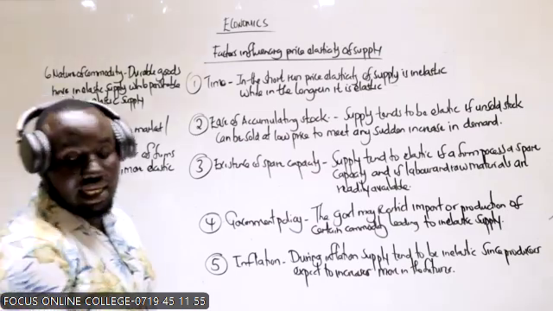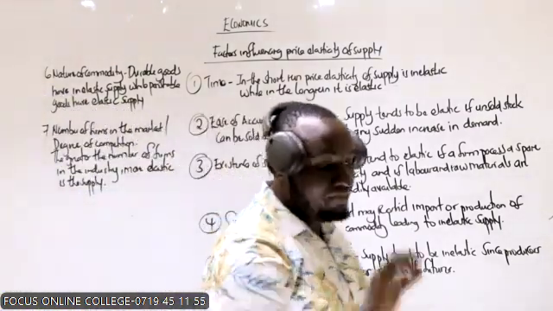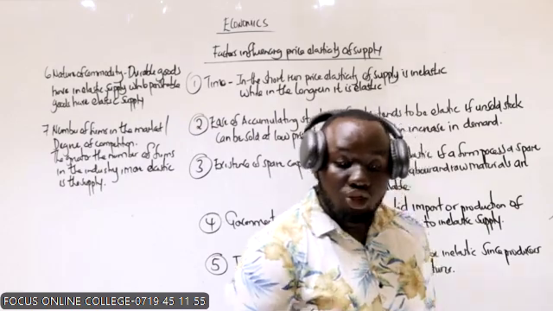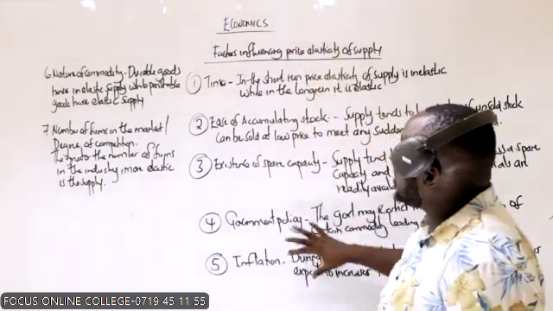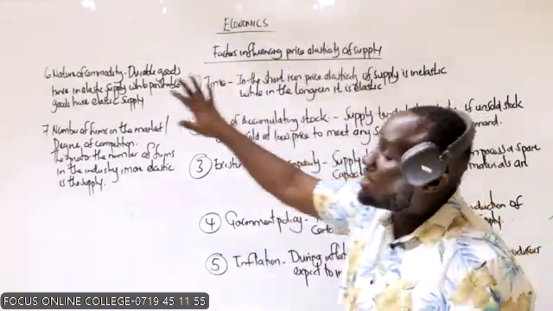The more elastic is the supply. Together. So these are factors that basically influence what we call the price elasticity of supply.